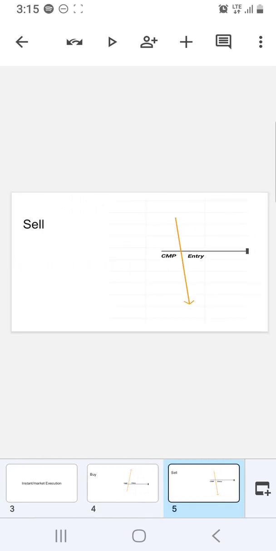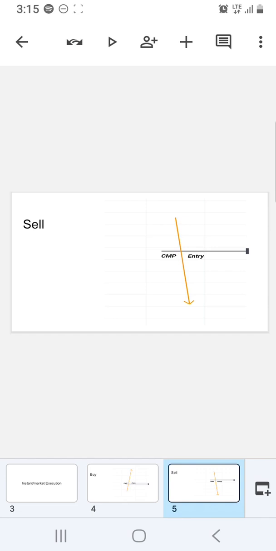The other trade is sell. When you take a sell trade, you're anticipating that the price is going to drop from the current moving price. That's why this arrow is pointing downwards. So when you sell on instant execution, you're entering the market at the current moving price.